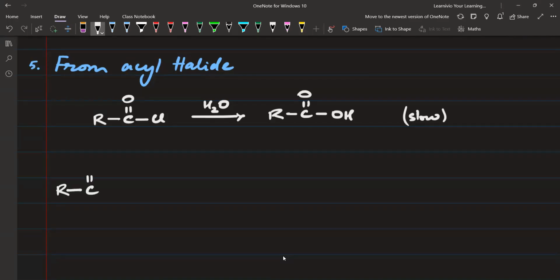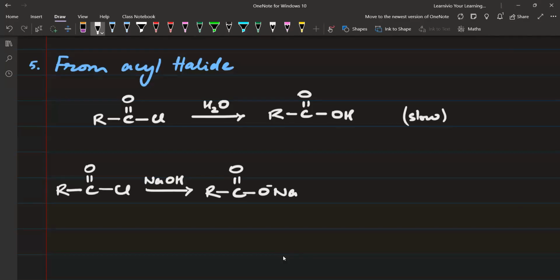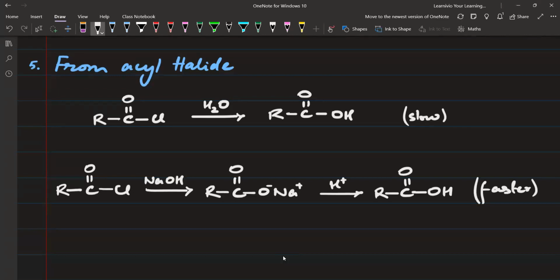We start with RC double bond O Cl, and we use NaOH. As soon as you use NaOH, this chlorine will be replaced, and you will get C double bond O, with O negative and Na positive. After that, you just need to add H plus. The sodium positive will be replaced by H, giving C double bond O and OH. This reaction is faster because both reactions are acid-base reactions. Okay, copy this down.